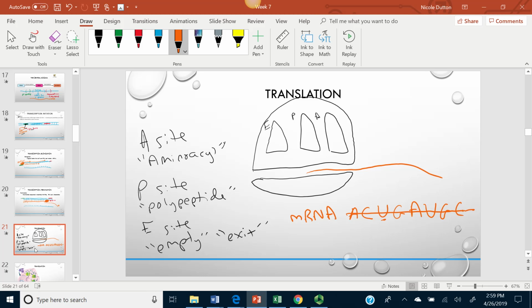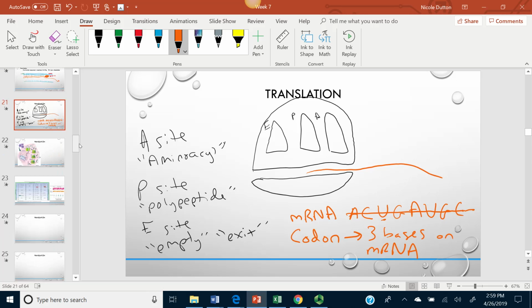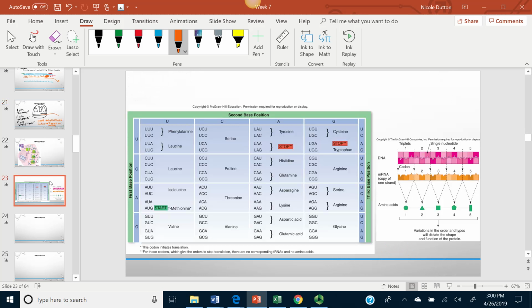Messenger RNA is read in series of 3 bases. So every 3 bases marks a codon. So codon is 3 bases on messenger RNA that codes for 1 amino acid. So this is the code here.